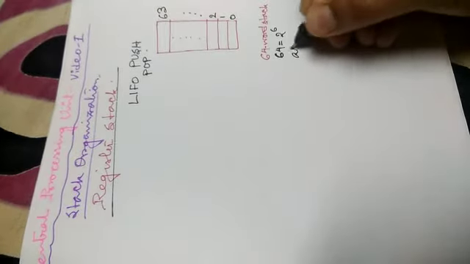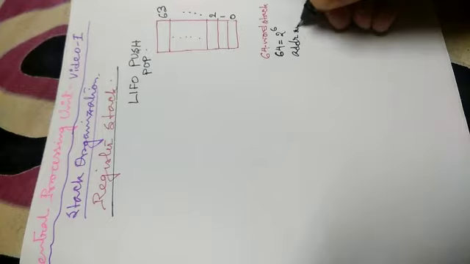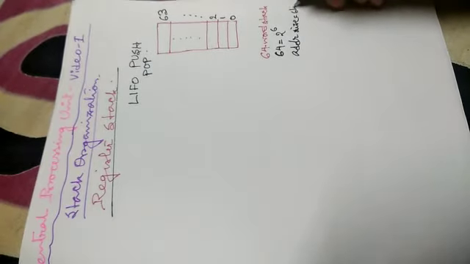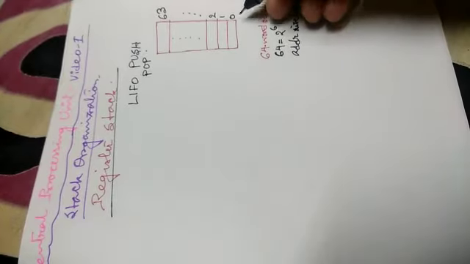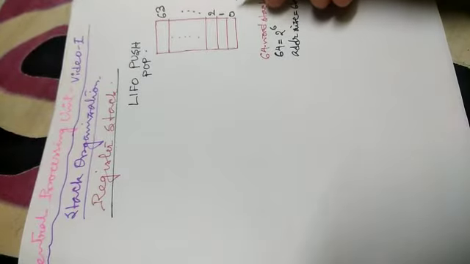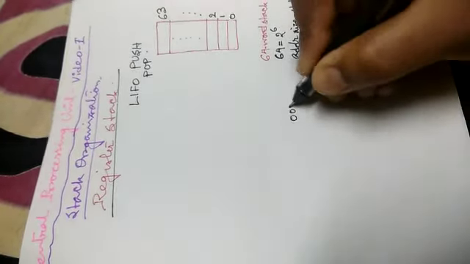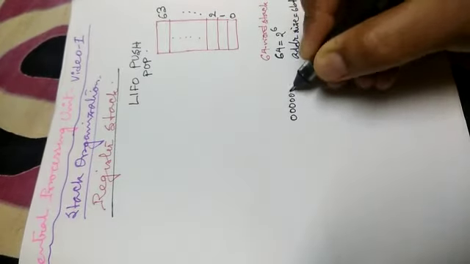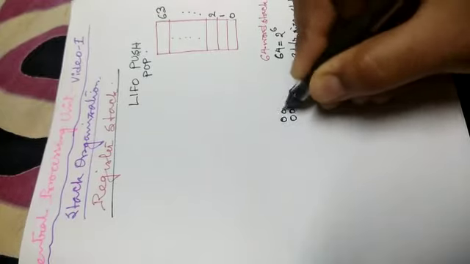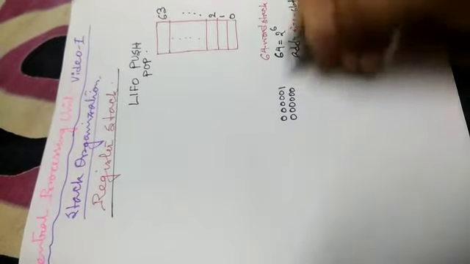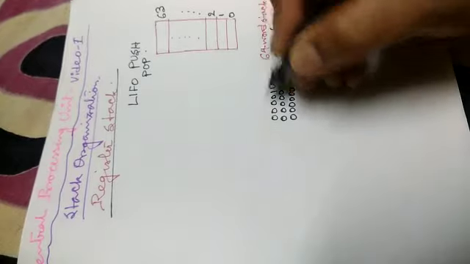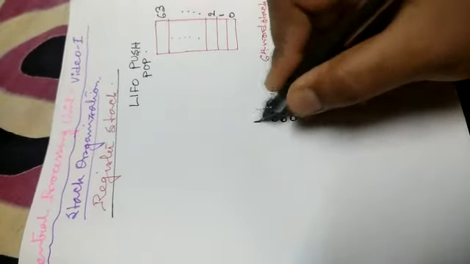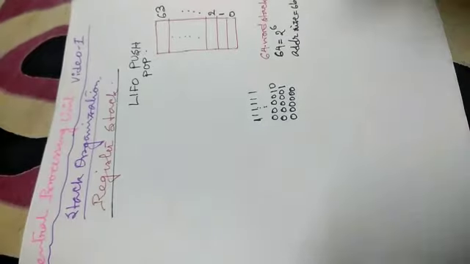That means address size will be 6 bits, right? That means 0 will be represented by 6 zeros, 1 will be represented by 0, 0, 0, 0, 0, 1, 2 as 0, 0, 0, 0, 1, 0, and so on, and 63 as 1, 1, 1, 1, 1, 1, right?